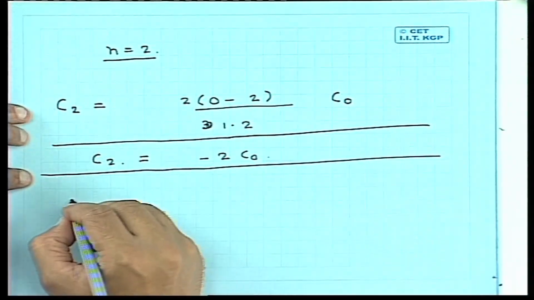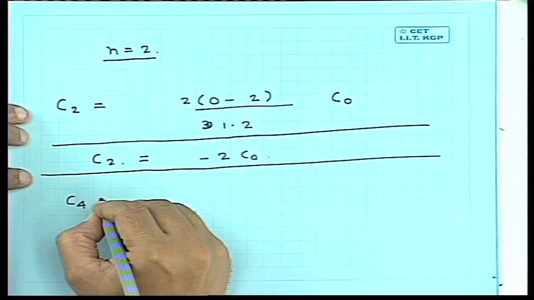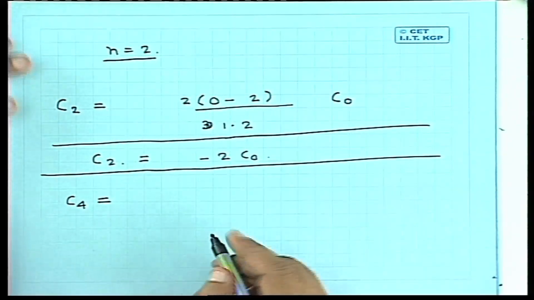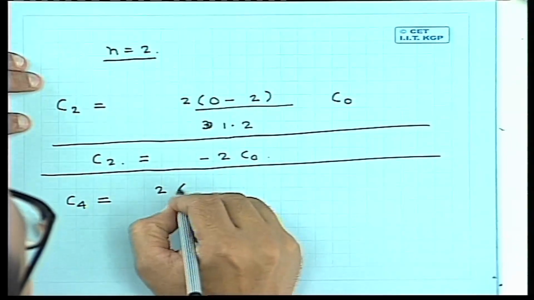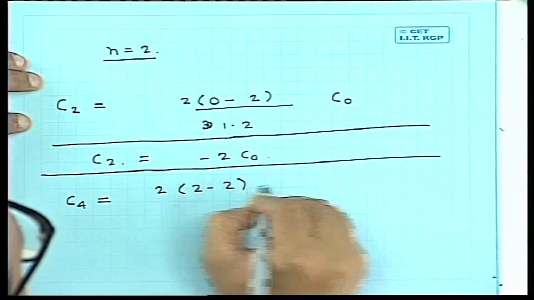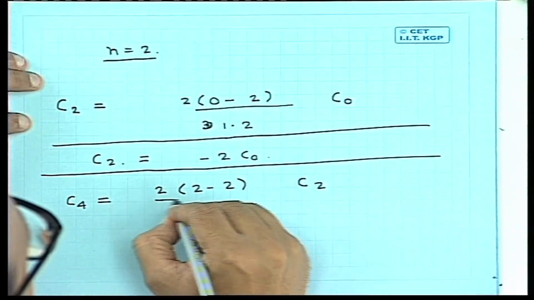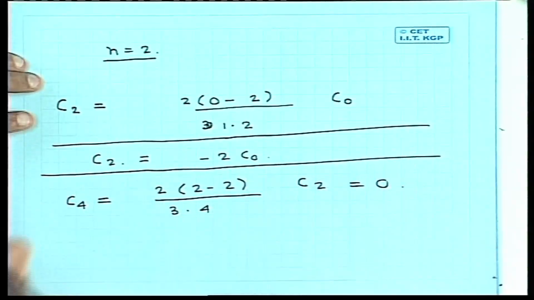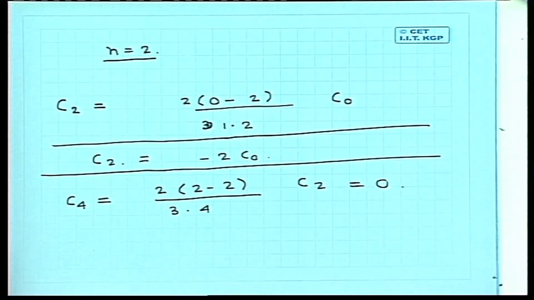Let us now calculate C4. Once we know this, we can calculate C4. So C4 is obtained by setting S equal to 2. If you set S equal to 2, this will be 2 minus 2 into C2 divided by 3 into 4, which is 0. So all the other higher ones are 0.